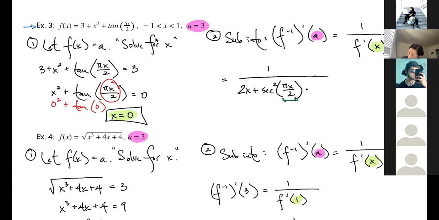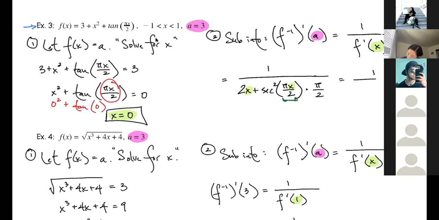Pi over 2, exactly. So we're going to multiply by pi over 2. That takes care of our chain rule. And now we just need to plug in everywhere we see an x, we're going to plug in 0. So this will be a 0 and this will be a 0.